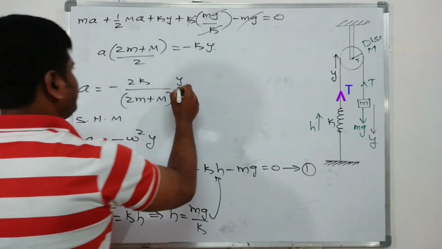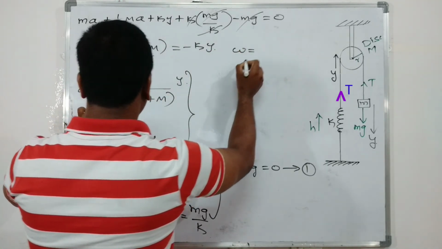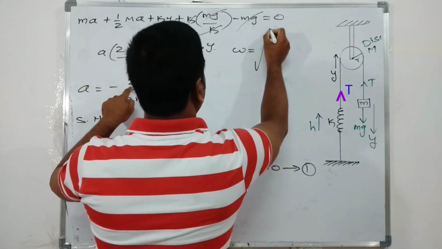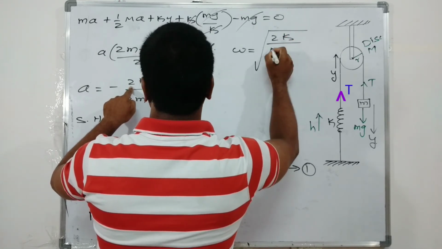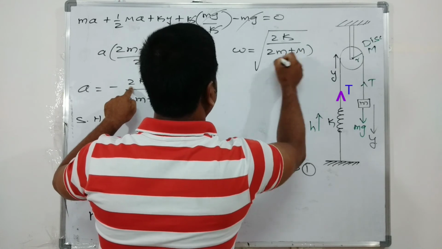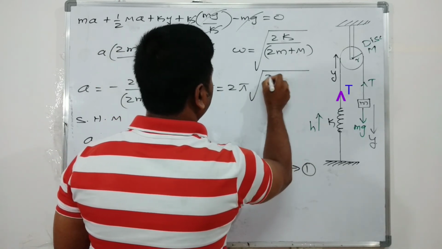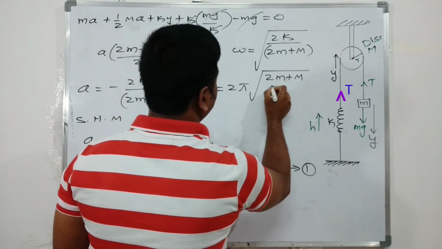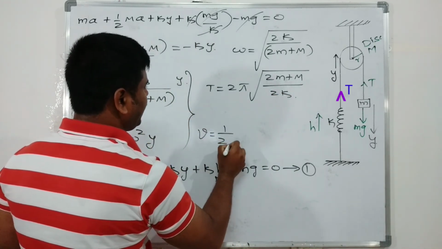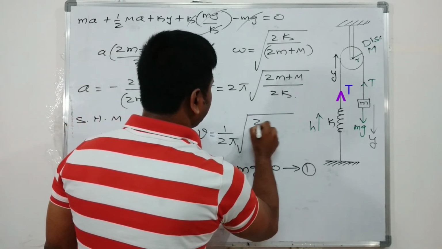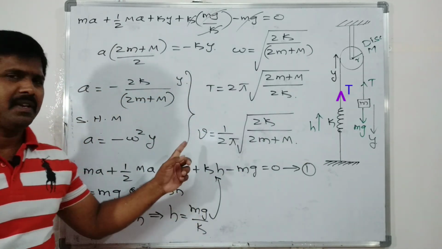From these two equations, omega is equal to root over 2k divided by (2m plus capital M), and the time period T is equal to 2 pi root over (2m plus capital M) divided by 2k, and the frequency is 1 by 2 pi root over 2k divided by (2m plus capital M). This is the answer for the given question.